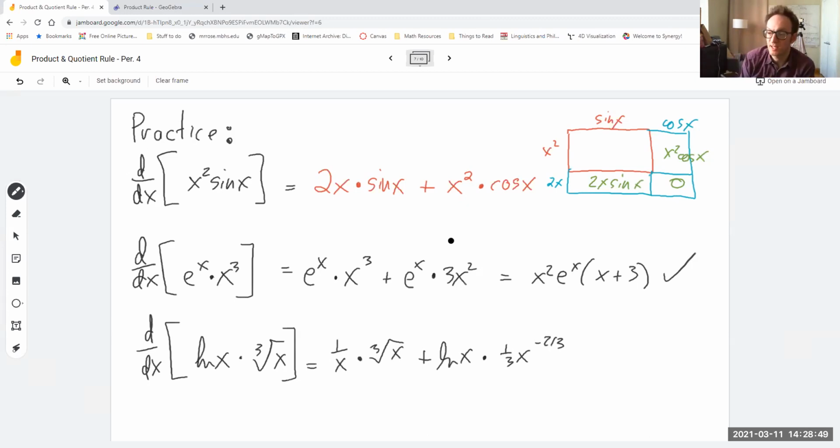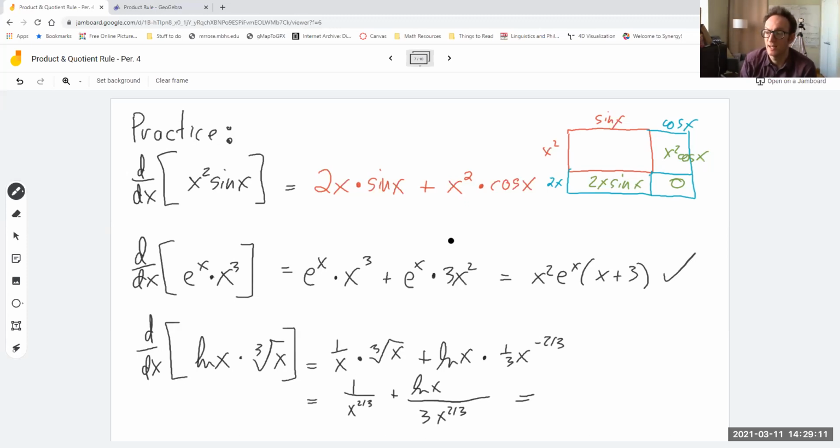And in this case, there's quite a lot of helpful simplification that you could do here, right? Because that's x to the 1/3 over x. So that's actually 1 over x to the 2/3. And this is ln x over 3x to the 2/3.